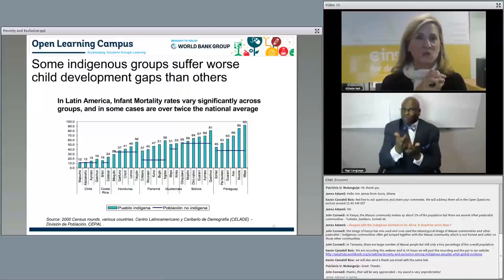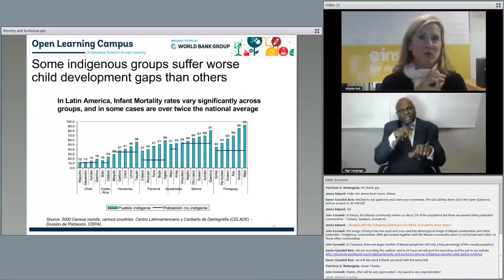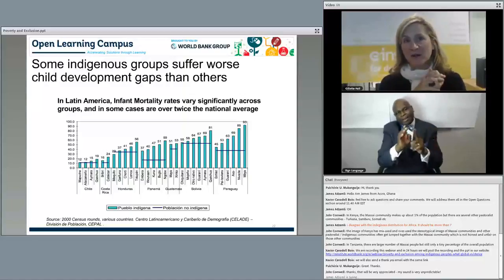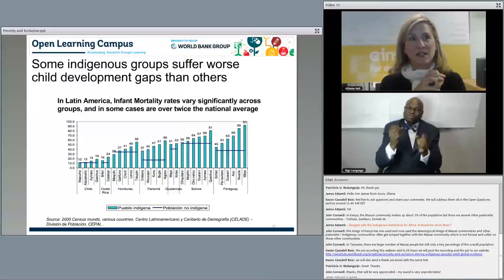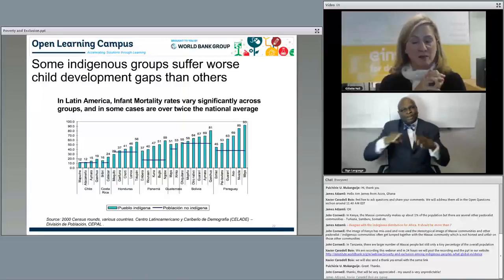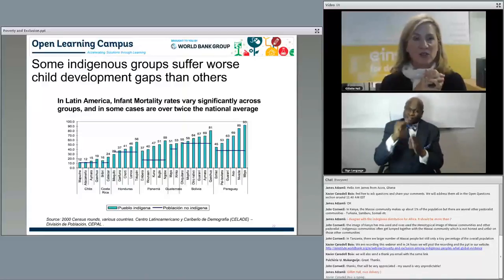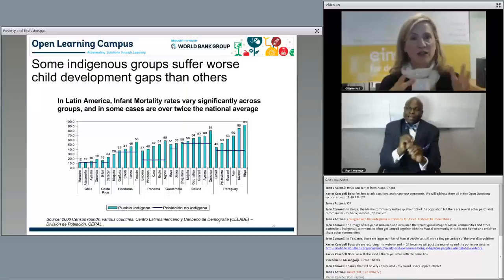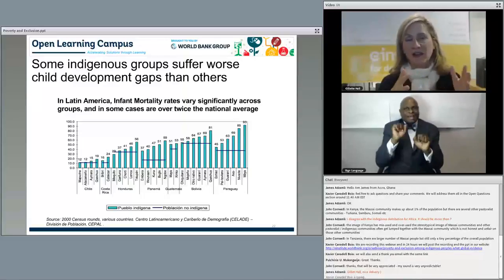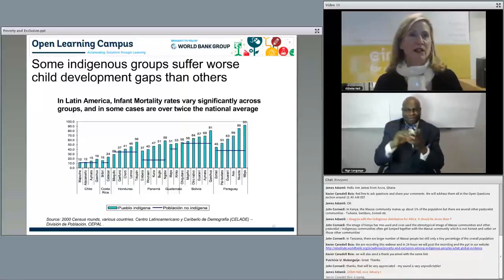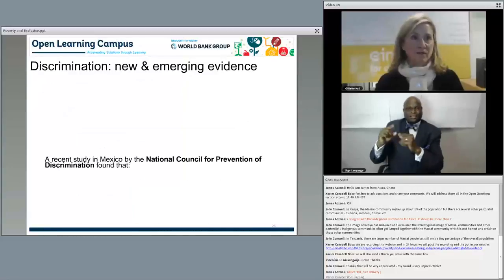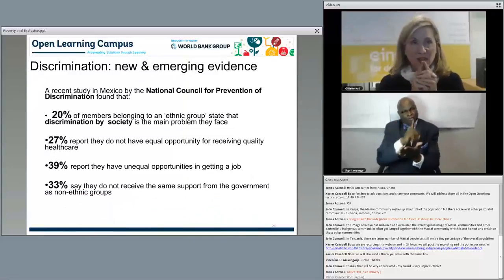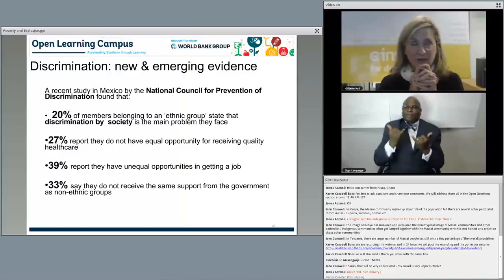There's one group on the left which is close to the national average, but then there are rising other groups that experience tremendous child development gaps. So there is an agenda here to come to understand also why certain groups can do better and certain groups are particularly disadvantaged.